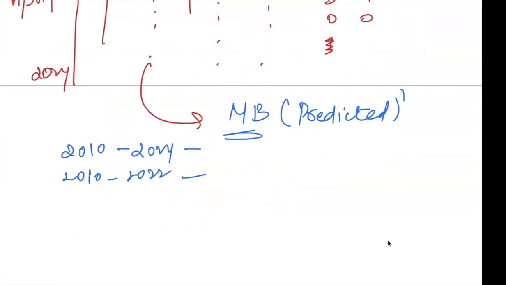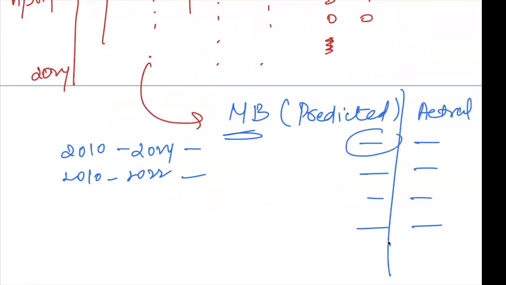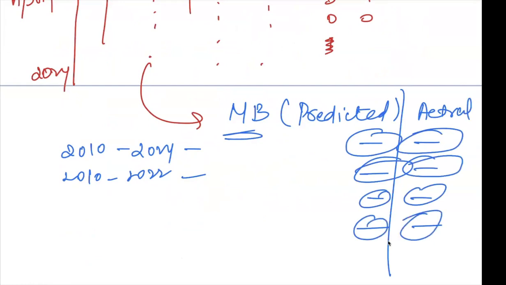You also have your actual data. So you'll check the difference between your prediction and your actual. If the prediction versus actual is very far off, then the model is not good.